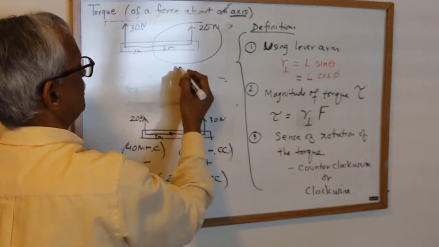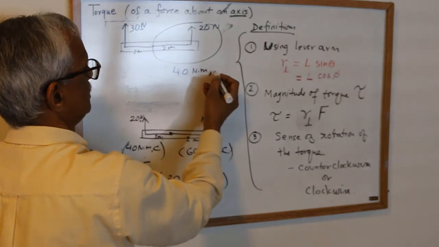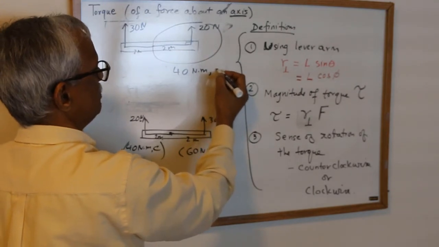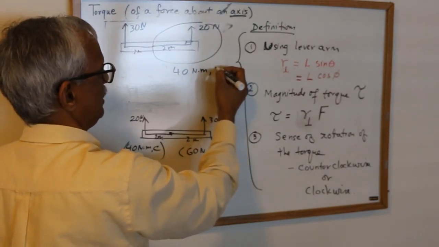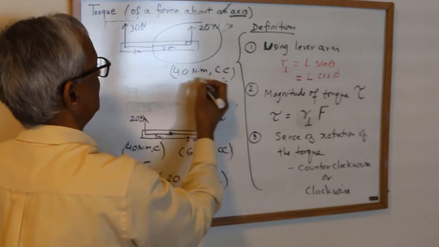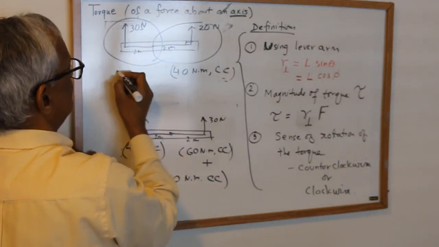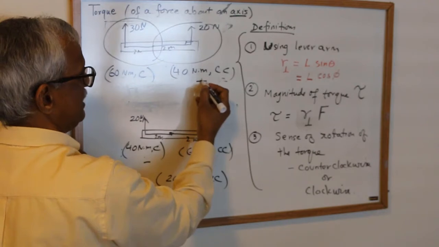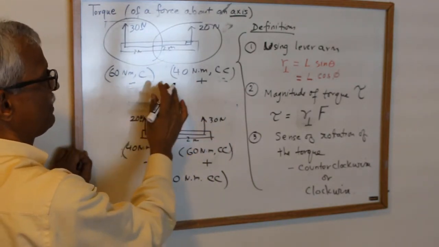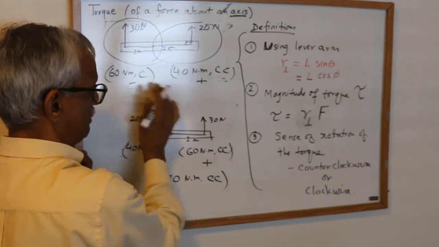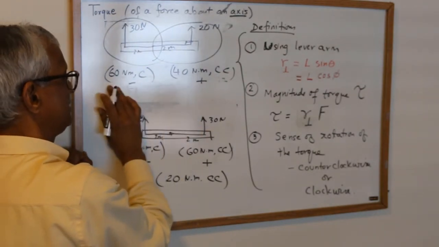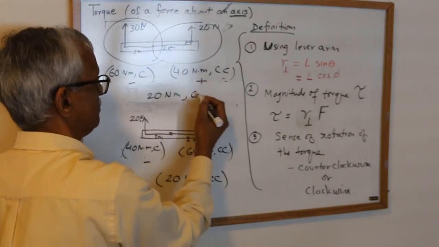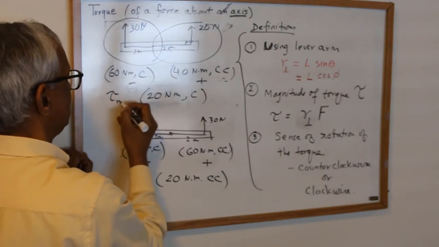This one will give me 40 Newton meter because this is 90 degrees, so this is the lever arm, and it is counterclockwise. And this one is 60 Newton meter, but clockwise. So we always take this as plus, this as minus. When I add these two up, I have to subtract: 40 minus 60, so it's 20 Newton meter. This is bigger than that, and this is going to be clockwise. So tau net will be like this.